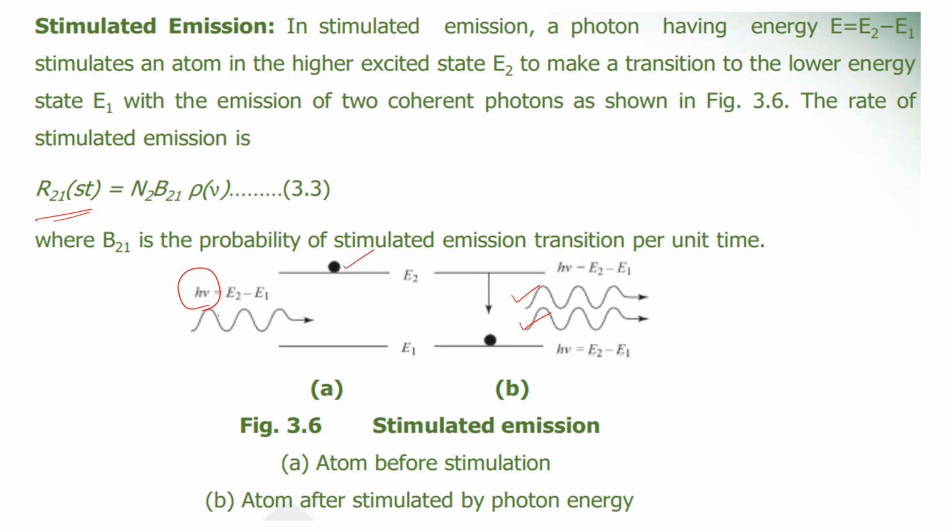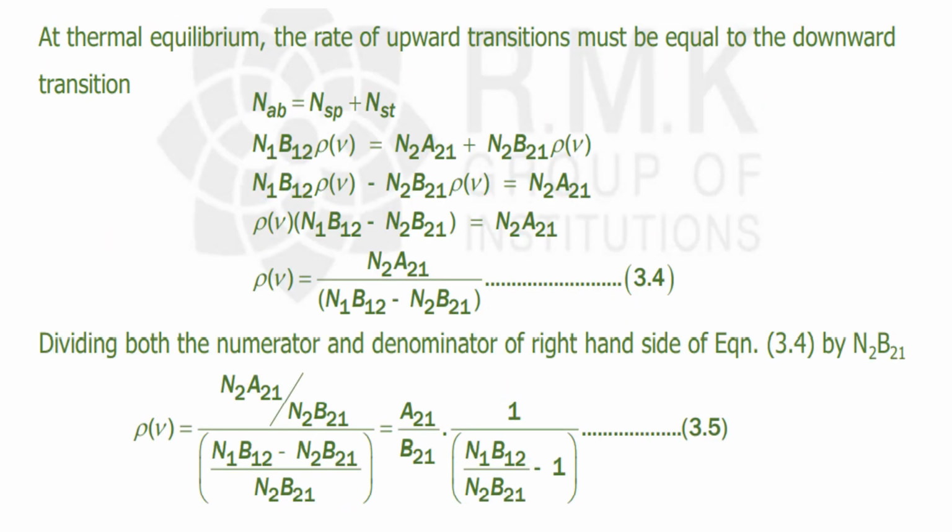Now, under thermal equilibrium condition, the rate of absorption is equal to the rate of emission processes. This emission process includes spontaneous and stimulated emission. We substitute the expressions for the rate of absorption and rate of emission, and then rearrange.